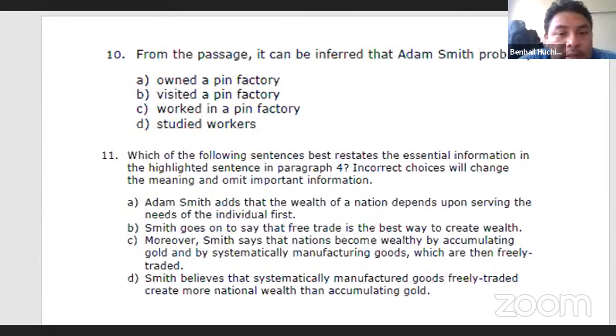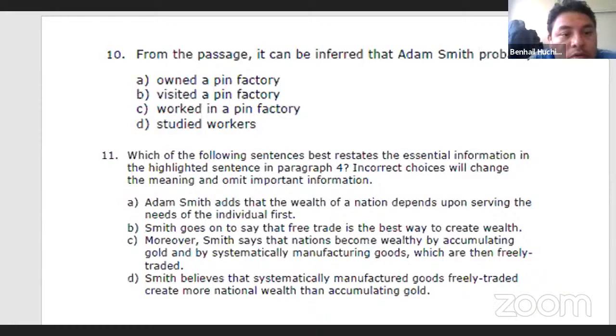Now it says, which of the following sentences best restates the essential information in the highlighted sentence in paragraph 4? Incorrect choices will change the meaning or omit important information.